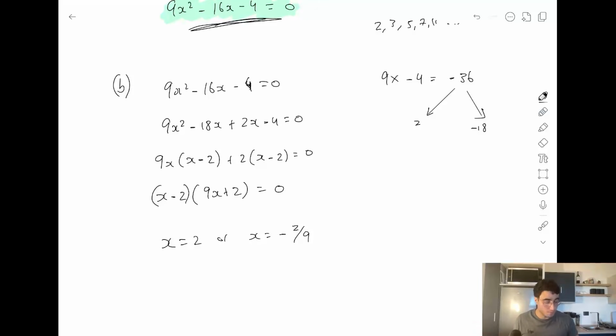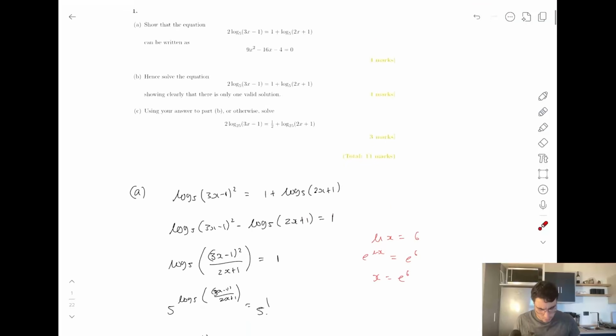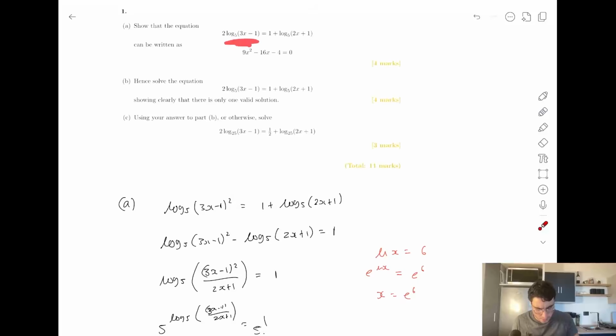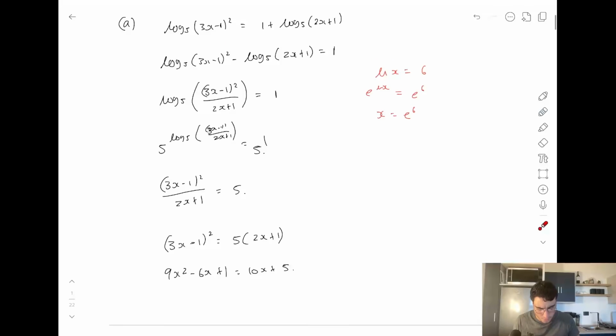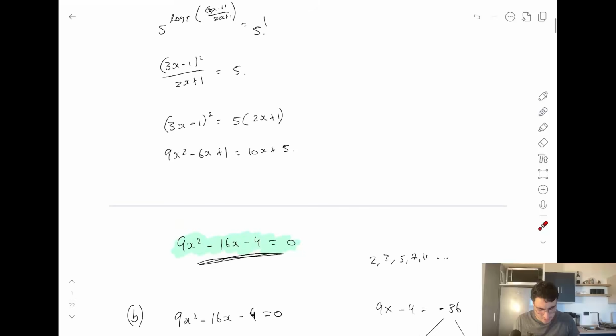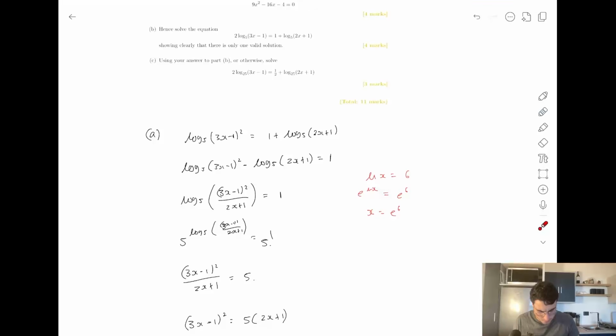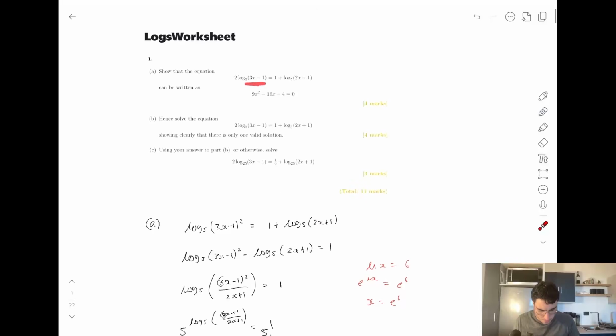Or is it? Because, think about it, if we have a negative here, going into our original equation, we can't have a negative log. So if we put in x is equal to negative 2 over 9, that doesn't make any sense. Negative 2 over 9 here doesn't make any sense.